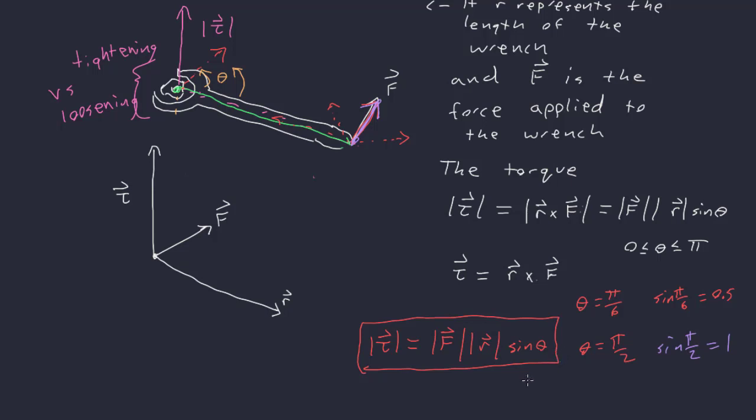Then finally, and you may have seen this before, R. If we increase R, lengthening the wrench will also give us more torque. I've seen it before, old timers when they're working on cars.